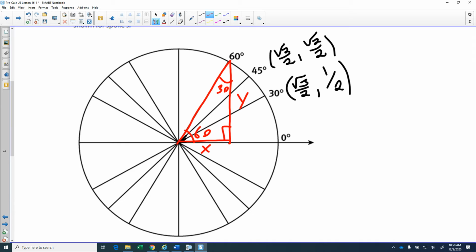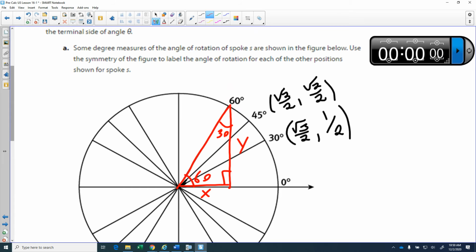So literally, for that particular coordinate, I can just flip the x and y values. So if I look at my 30-degree triangle and I flip those two values, technically that's what my 60-degree triangle has to equal: 1/2, square root of 3 over 2. Okay? And just like that, I'm coming up with specific coordinates within this unit circle to help me derive this particular problem. But it doesn't just stop there.